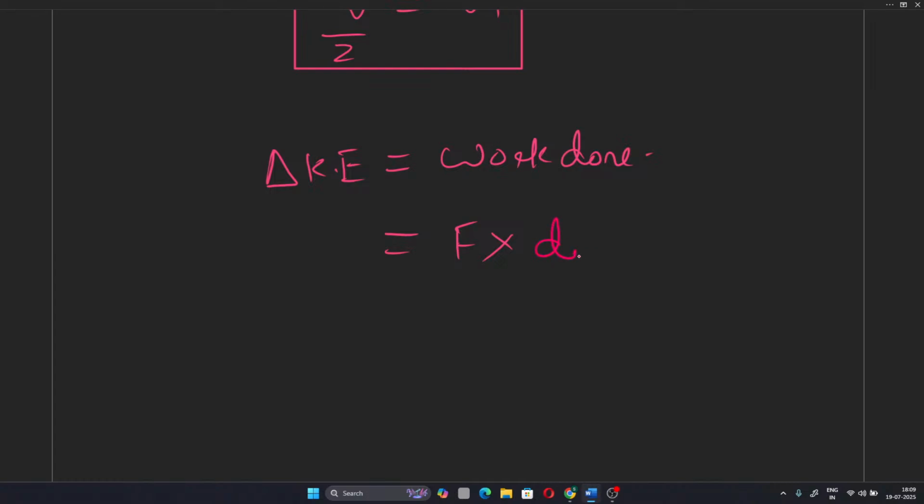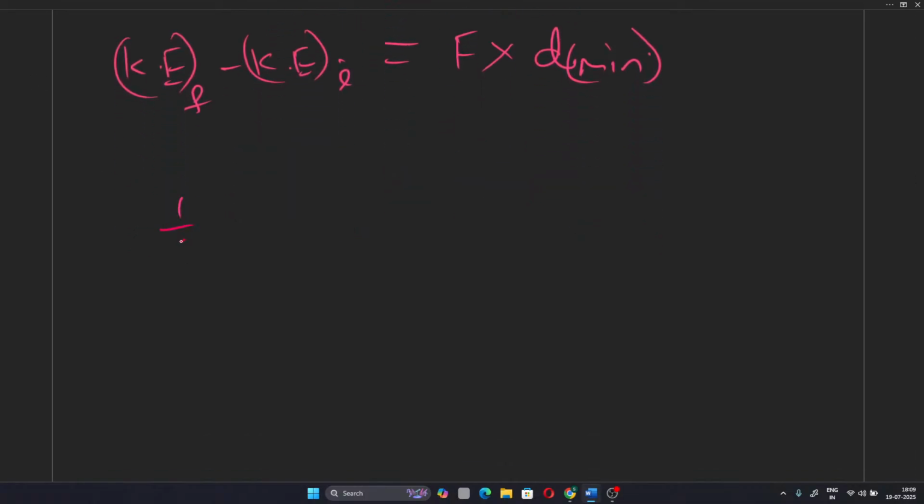Force times d minimum equals KE final minus KE initial, which will be half m (v by 2) whole square minus half m v square.